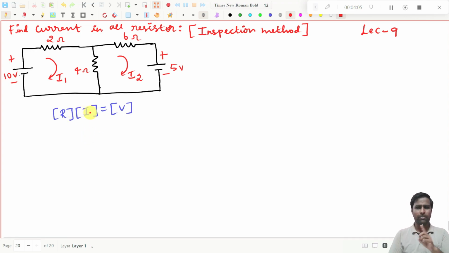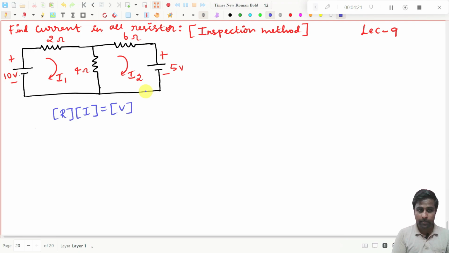This I matrix will always be one column, and this V matrix will be like the I matrix. So how many loops do we have now? We have two loops, so this R matrix will be 2 cross 2.